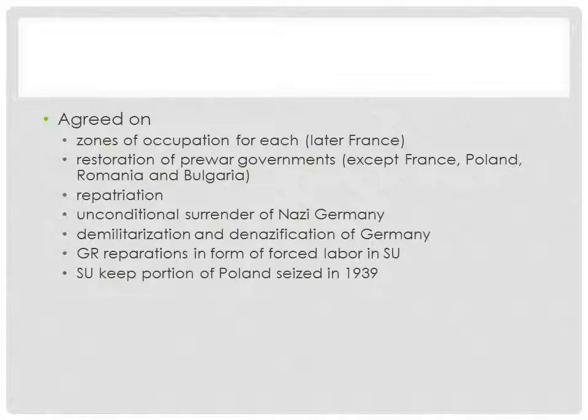And this is where Poland comes in, in terms of this new government. The Soviet Union gets to keep the portion of Poland seized in 1939. Essentially, the Soviet Union comes out as a big winner. They're not punished in any way for the non-aggression pact, and Poland suffers.